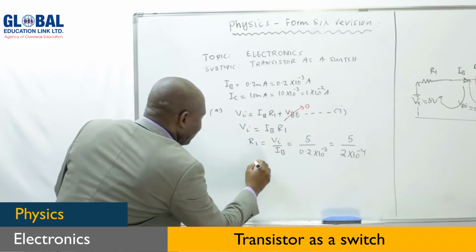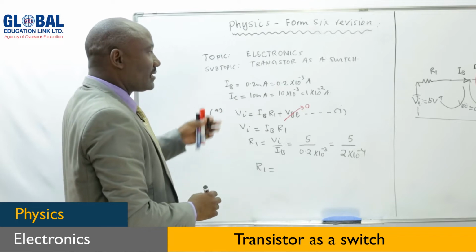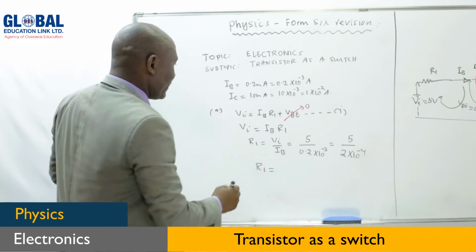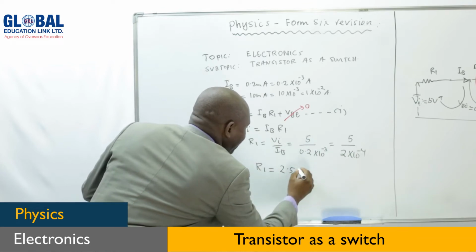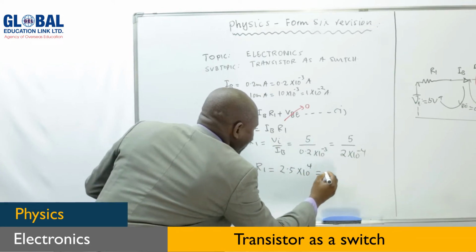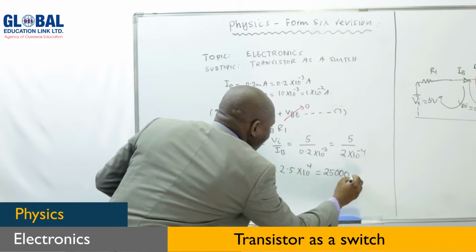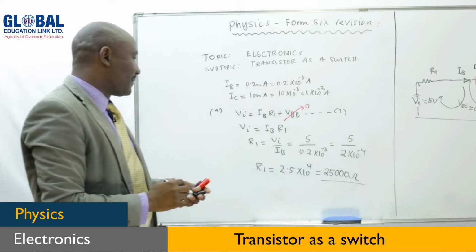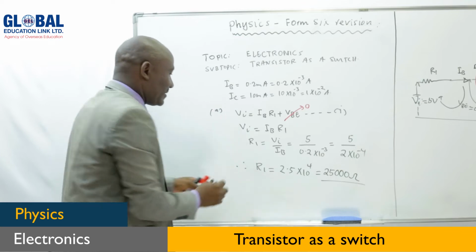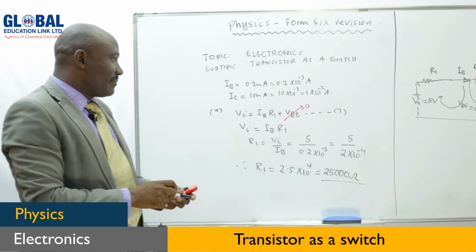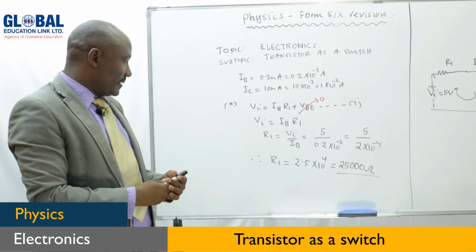So 5 divided by 2 is 2.5, times 10 to the power 4, which gives us 25,000 ohms. This is the resistance across the input circuit, which is R1.